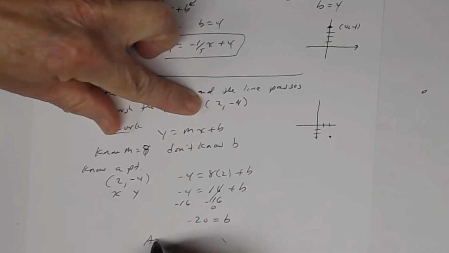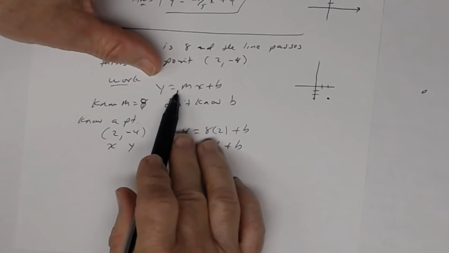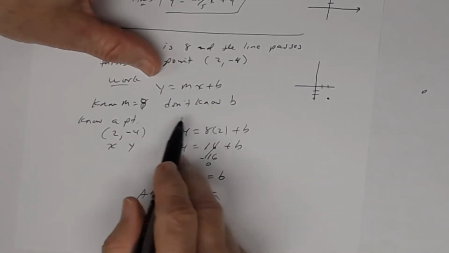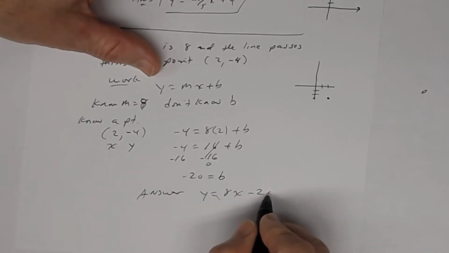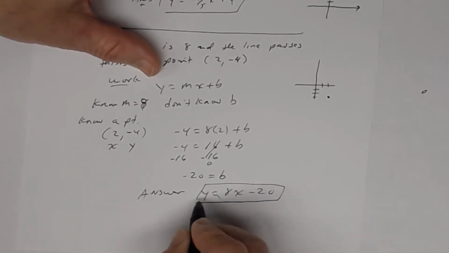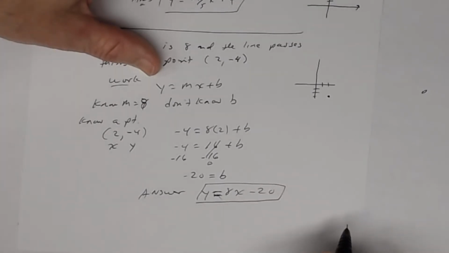So the answer then is y equals m, which is 8, times x, and then b is -20. So the answer is y equals 8x minus 20.